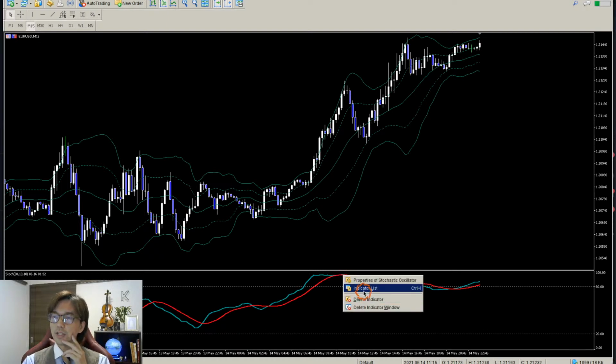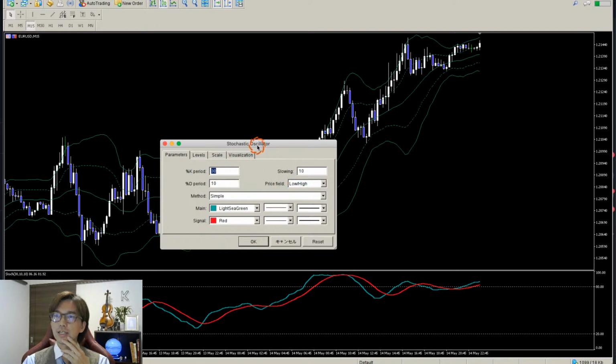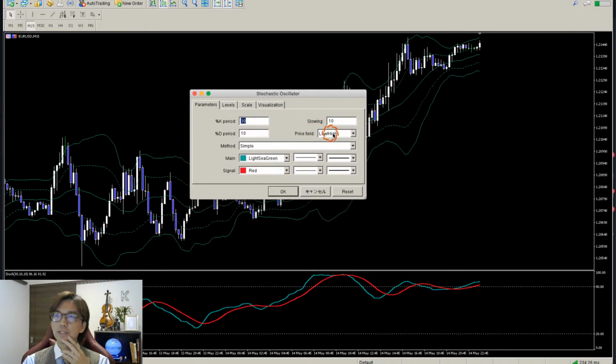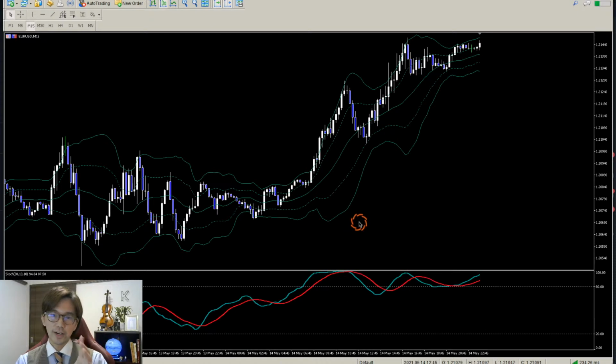I think the only difference between Tradingview and MT5 for Stochastics is that Stochastics has this price field. In this example, I use low and high, but I prefer close, so I have to change it. It doesn't make a huge difference, but I use close for this stochastic setting, and that's what I use for the Tradingview.